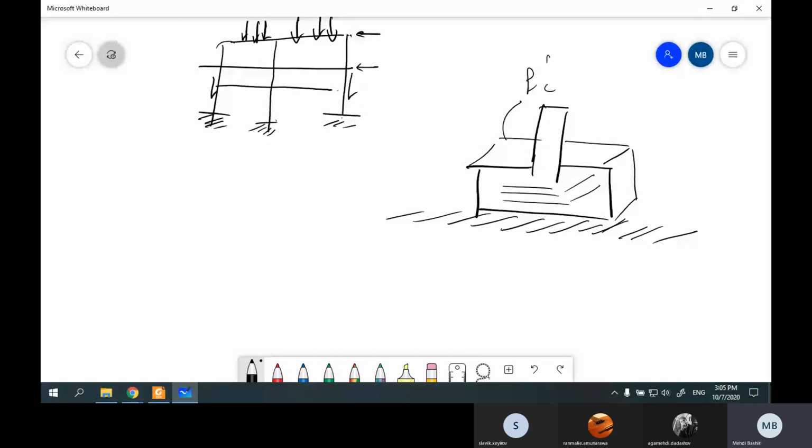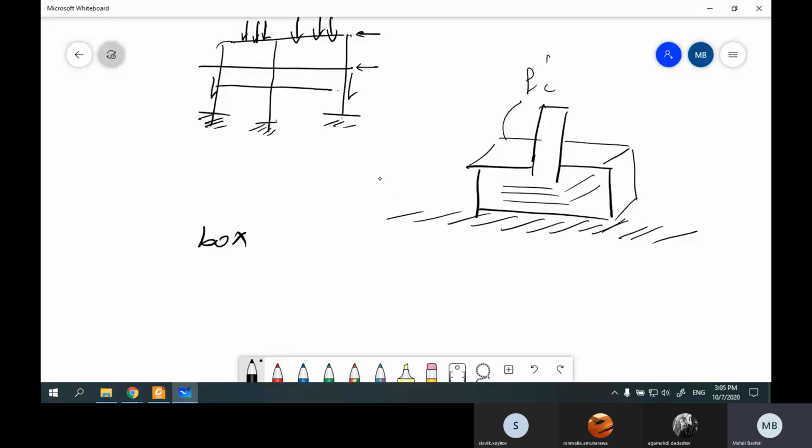So we consider this foundation as a black box, and I'm not going to go through it. All we should learn in this course is about the soil below this foundation.